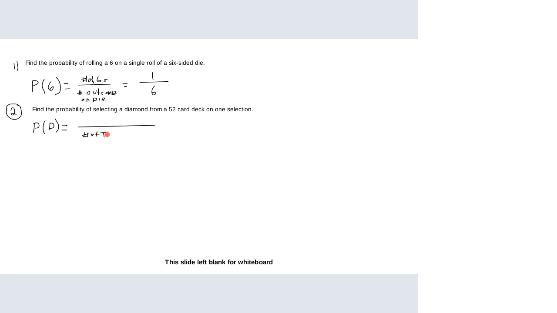You can just say the number of total cards, just to be specific. The bottom is always the total that you're pulling from, and up here is the number of diamond cards.